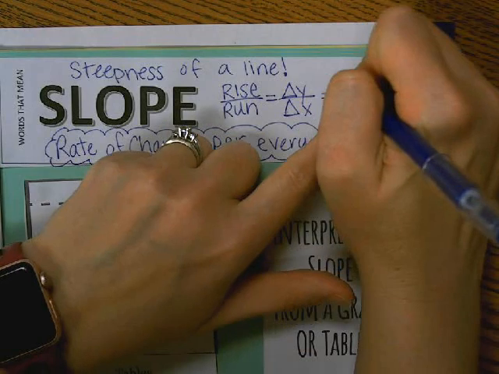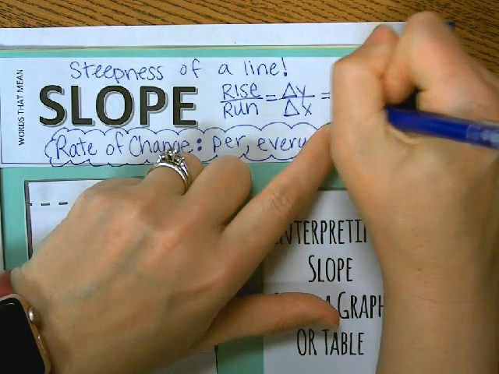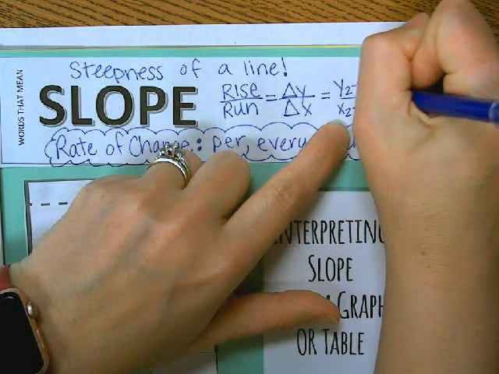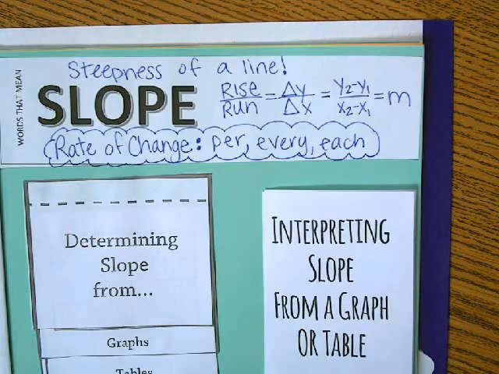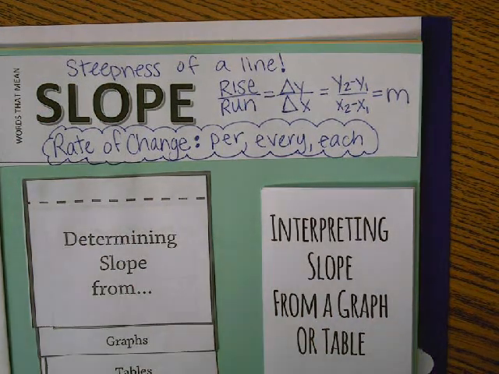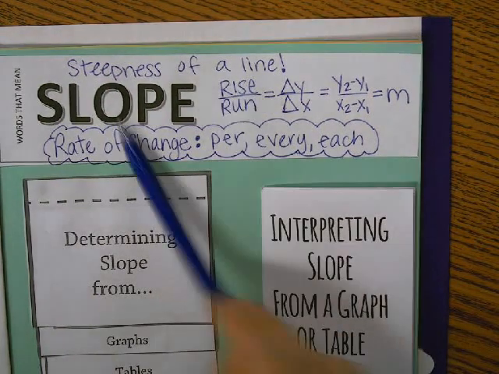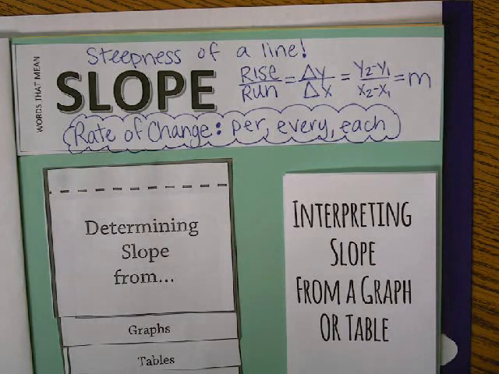I don't usually use this formula, I usually use rise over run, but if you're one that likes to use it, I want to make sure I have it on there. And then lastly, they use m in the equations to represent slope. So these are all words and things that mean slope.